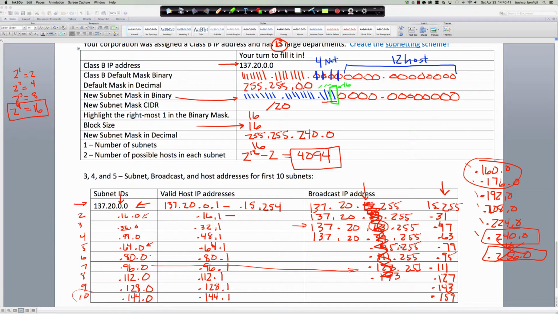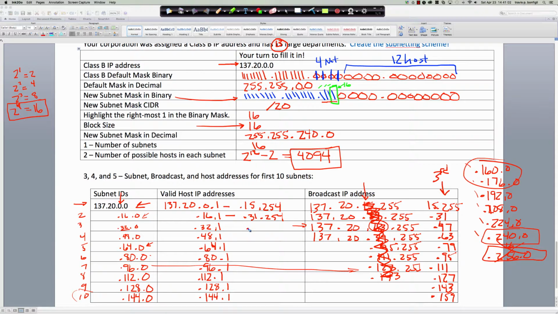This is our third octet here, right? And then I put 255, that's the fourth octet. So again, for the .16.0 subnet, the broadcast address is .31.255, so my last IP is 31.254.